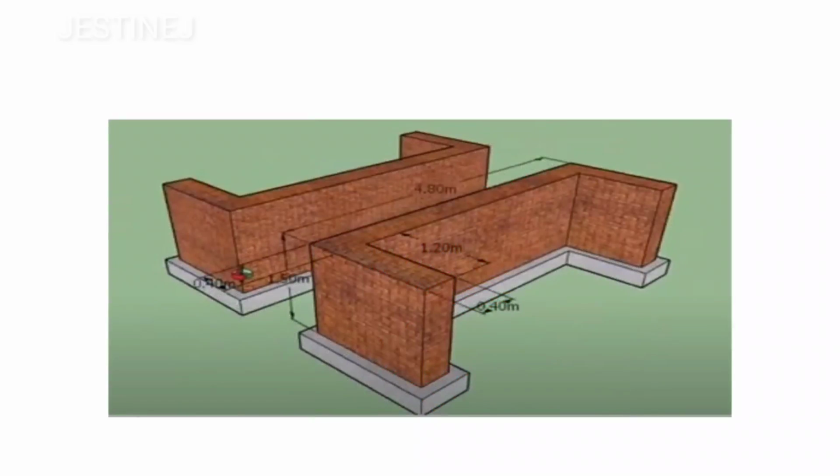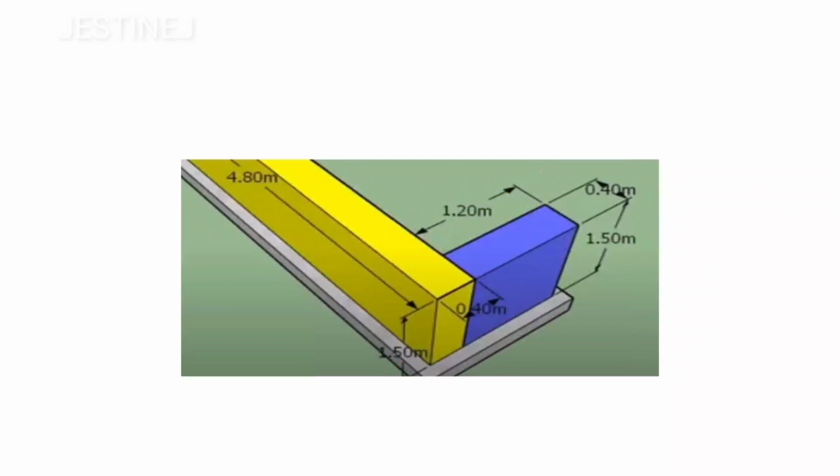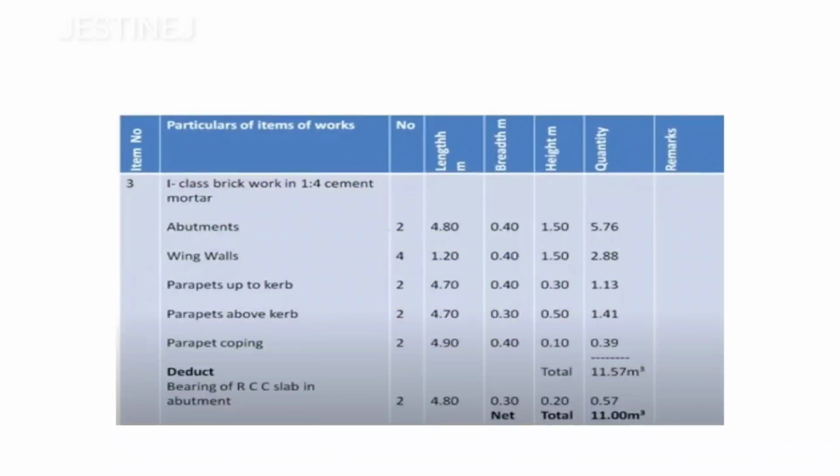Once again, go through this 3-dimensional diagram. This is 4.8 meter, then you are taking this dimension from here, 1.2 meter, and this width is going to be 0.4, that you can observe from the diagram itself. It is already given as 0.4. Some more clarity if you observe through this 3-dimensional diagram, 1.5, 0.4, likewise all the dimensions are mentioned here.